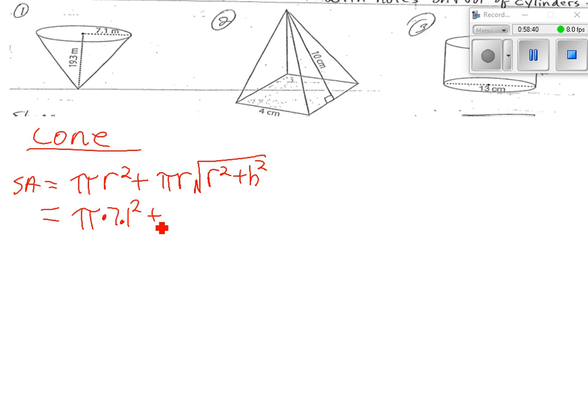What's radius again? 7.1. 7.1 times the square root of, what's the radius? 7.1, we have to square that, plus what's the height? 19.3 squared. Now, grab your calculators, and I'm going to explain how to do each one.